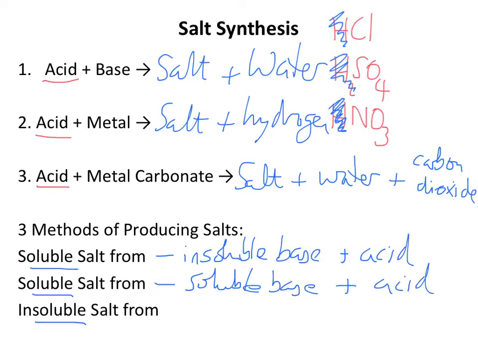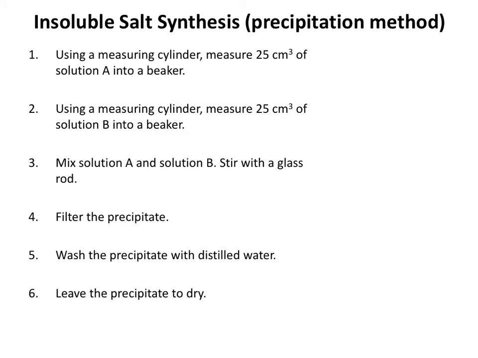And the insoluble salt we're going to make by combining two compounds, using a precipitation reaction. These are the three reactions that you need to be able to describe in your exam. So the first method we're going to look at is producing our insoluble salt using the precipitation reaction. So let's go on a slide.